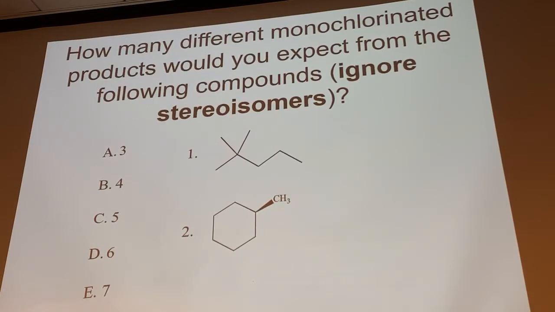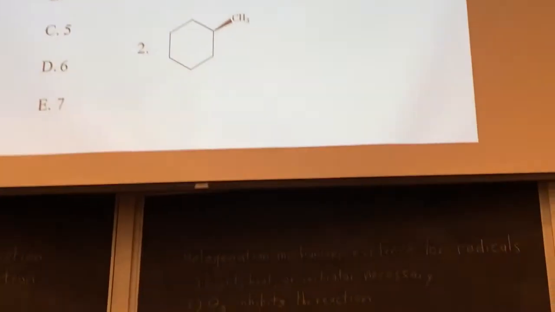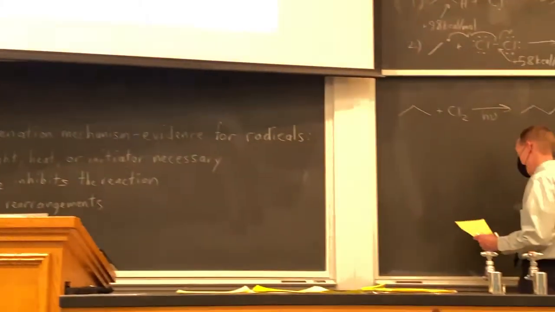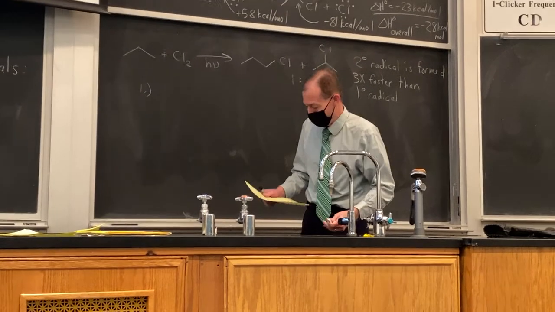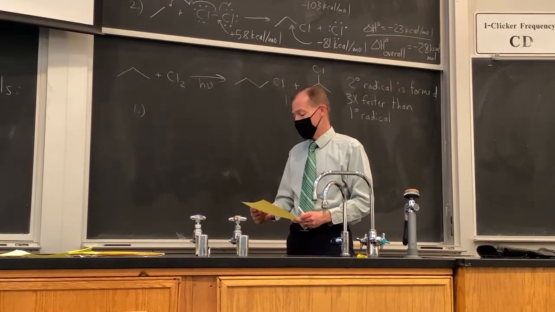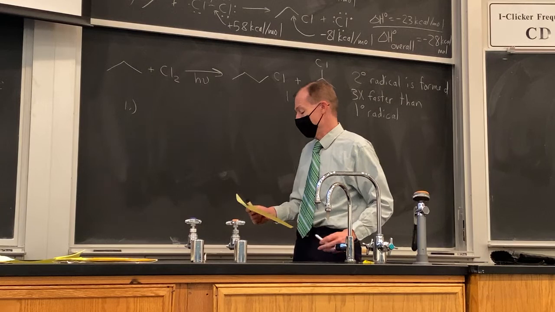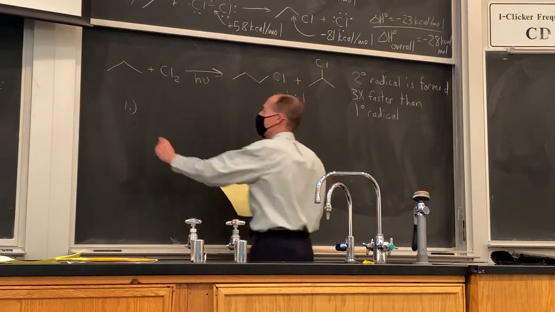Now we're going to talk about the bromination reaction. First, we're going to talk about differences between chlorination and bromination. The mechanism is the same, so we're not going to draw the whole mechanism out, but there are two key differences.